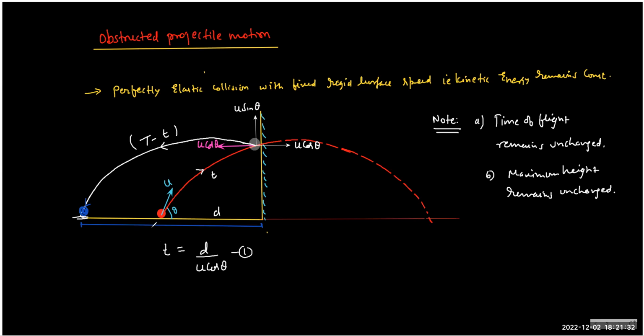So if I call this D dash, D dash is how much? U cos theta into T minus t, which is U cos theta T minus U cos theta t. And what is t here? D by U cos theta.